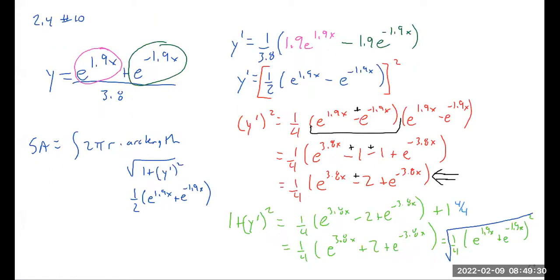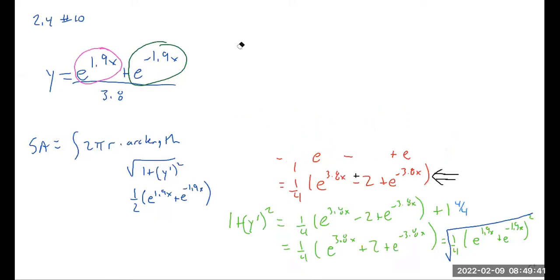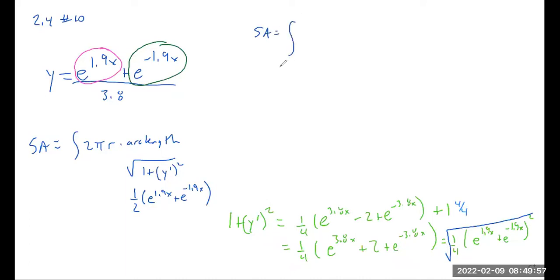So let me erase some stuff here. We've done the algebra on this, we can get rid of it. The important piece is the bottom. All right, so let's start setting this up. Our surface area is going to equal the integral from, our bounds were 0.2 to 1.5, of 2 pi times our radius.